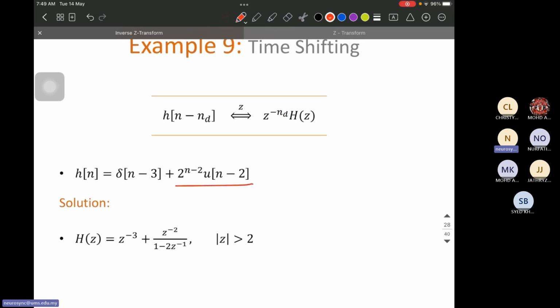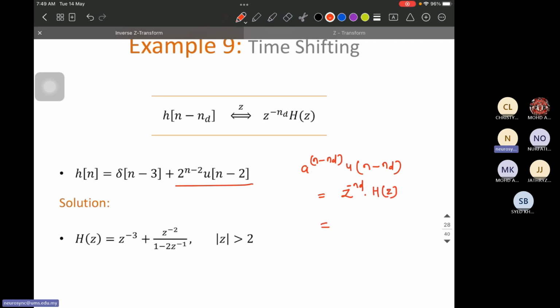So this is basically a to the power n minus nd u of n minus nd. The Z transform for this is z to the power minus nd into H of z.